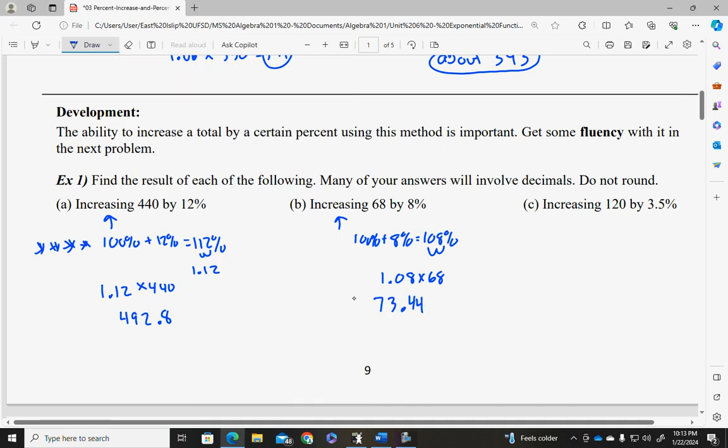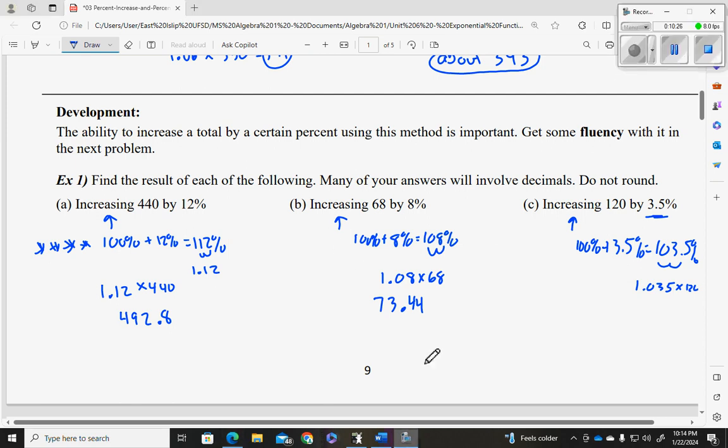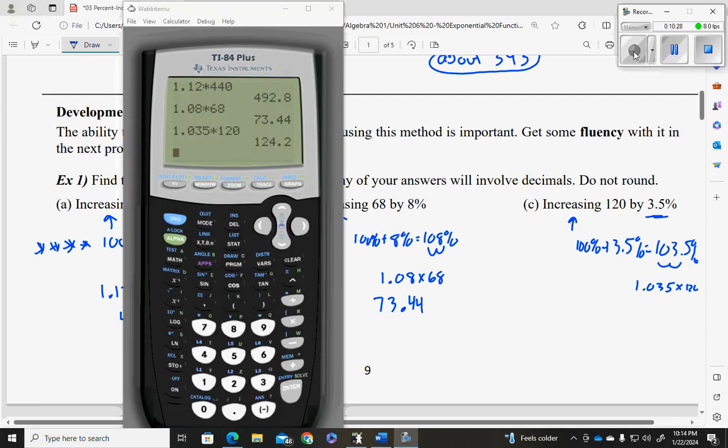And letter C, it's increasing by 3.5%, so 100% plus 3.5% equals 103.5%. Move the decimal twice, 1.035 gets multiplied by 120. And I get 124.2.